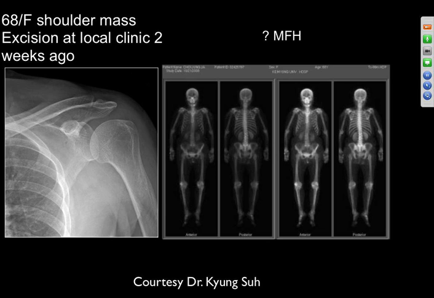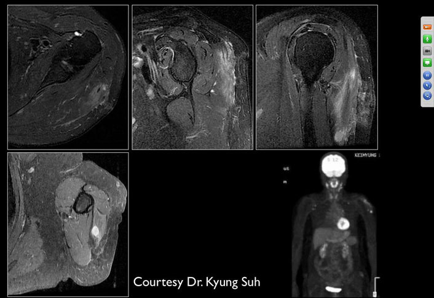Brian. Shoulder mass, excision 2 weeks ago at clinic. X-ray. I don't know if I'm seeing a bump or not on the shoulder. It's the right-hand mass, that's MR. Then there's something else on PET scan, that increased uptake.